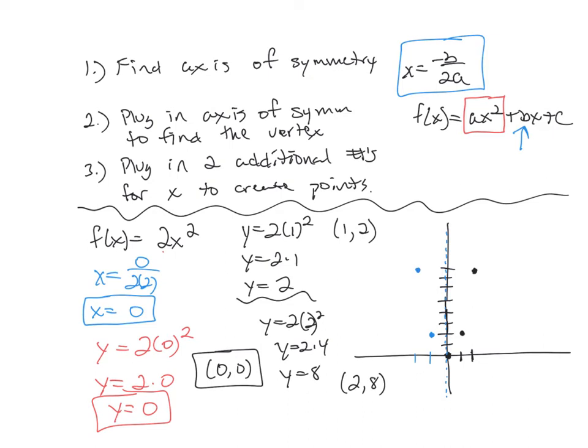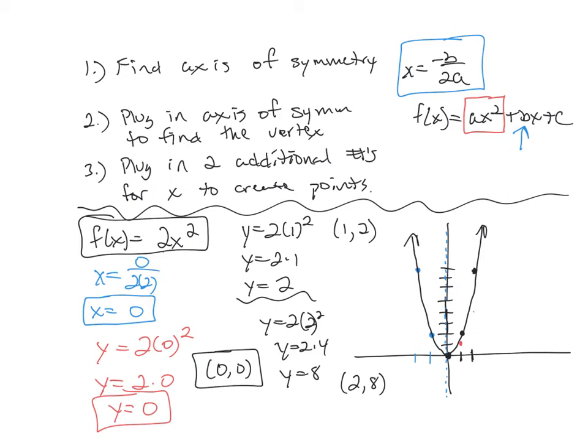Okay, and now I have 5 points, which is really what I should have to graph these. So there's the graph of y equals 2x squared. So if I do over 1 up 1, I get a point here.